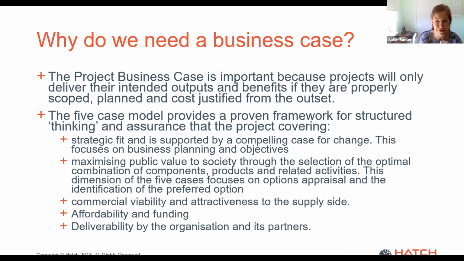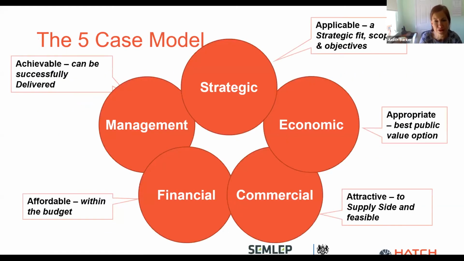And I do think that reflects the amount of effort that went in up front in order to get those right. Now, we all know things can go wrong in any project, but I do think the work that you put in at the beginning really allows you to manage the project to delivery later on. And so there's some key things there which we're going to go through in detail and are perhaps best summarised by the next slide, which sets out these 5 bubbles, which covers the 5 cases.